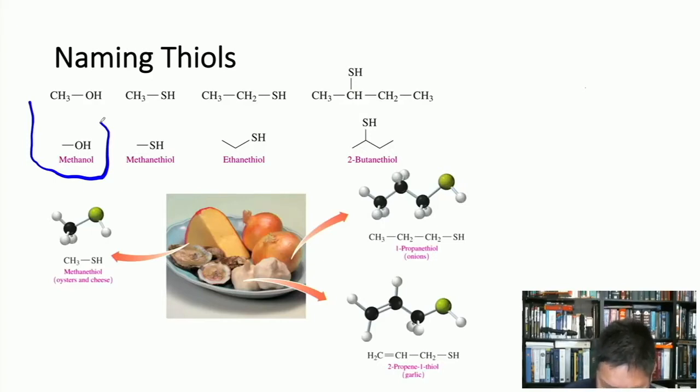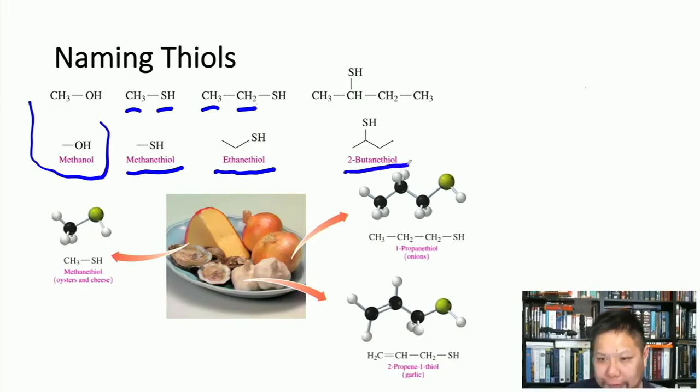So methane thiol, which is a methyl group connected to a thiol group. Ethane thiol, which I called ethyl thiol earlier, but ethane thiol, same thing, 2 carbons. Remember, eth means 2. And then 2-butane thiol.